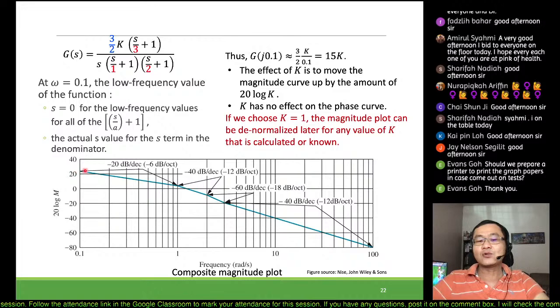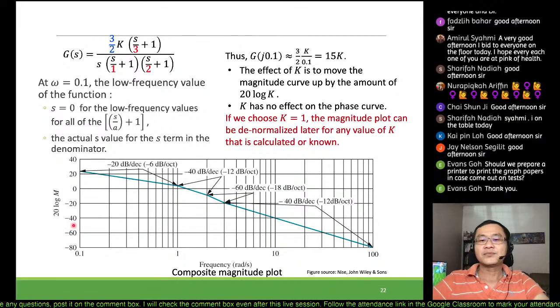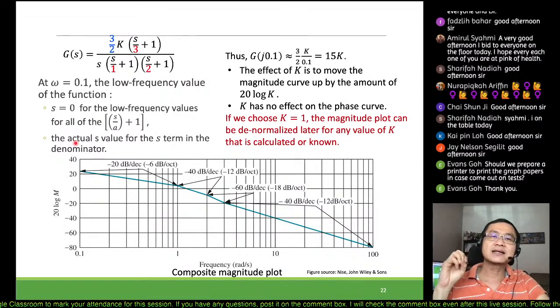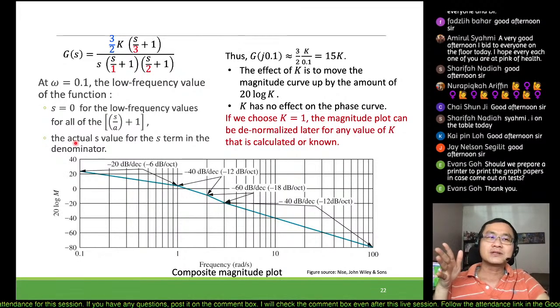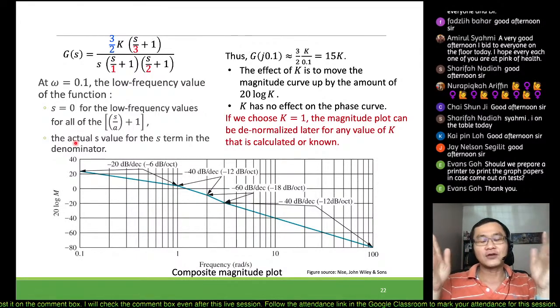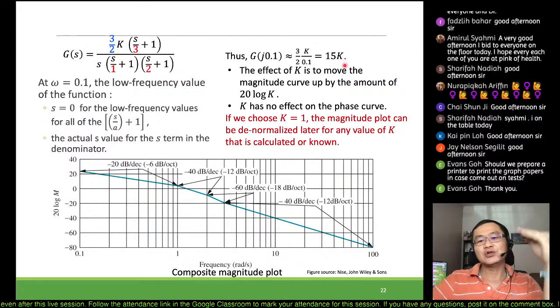So this starting value would be 20 log k, because of the k value. If the k value increases, then the starting value changes accordingly. Because of this pattern, it will be useful later on for us to design our system where we want to select a k value such that the system will be stable for a certain range of frequency. So this is where you can control the k value later on.